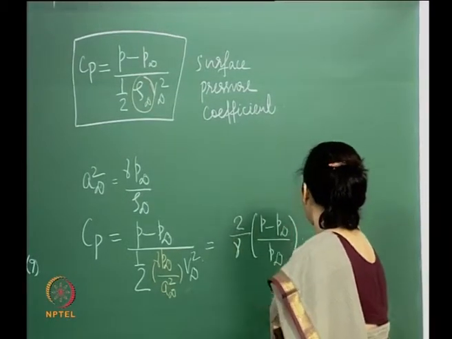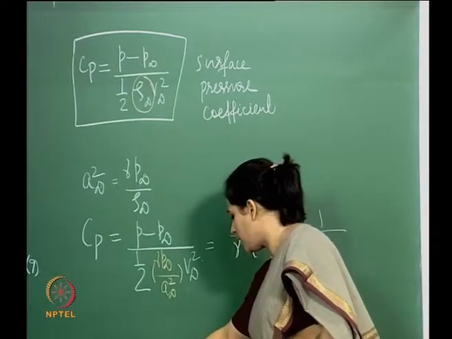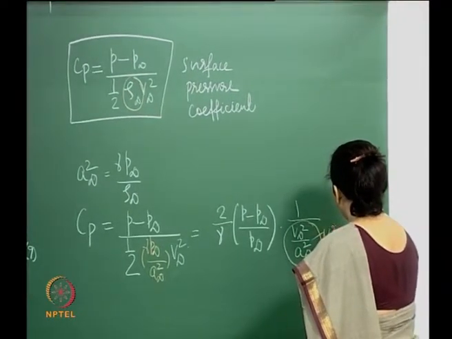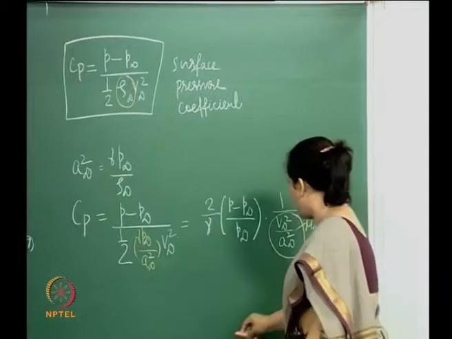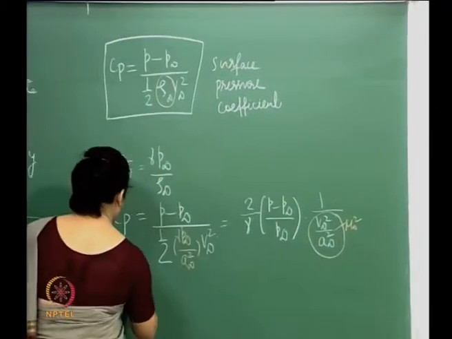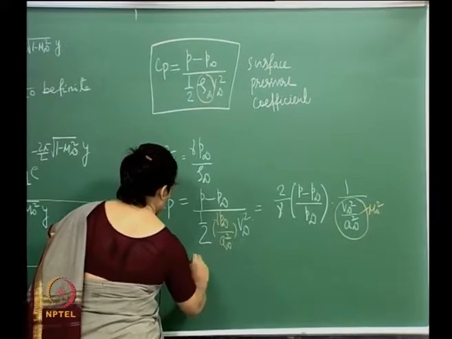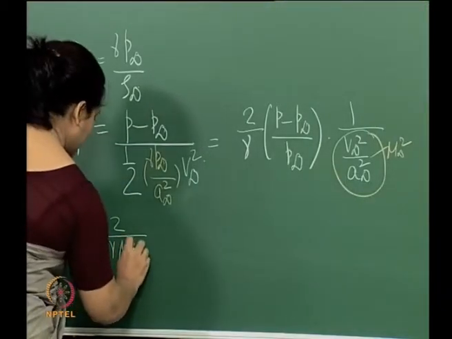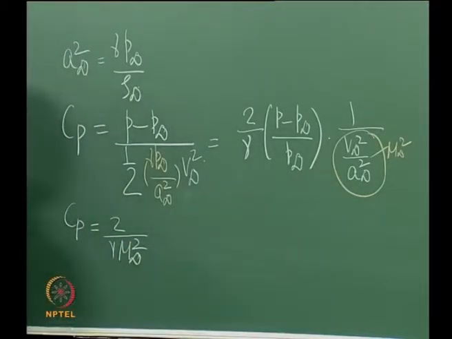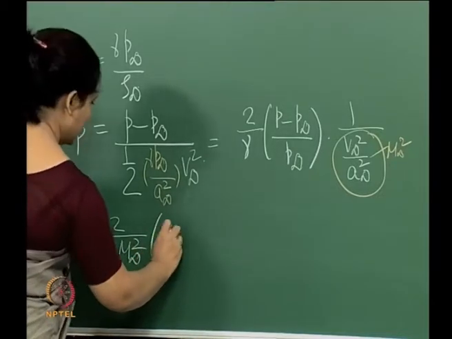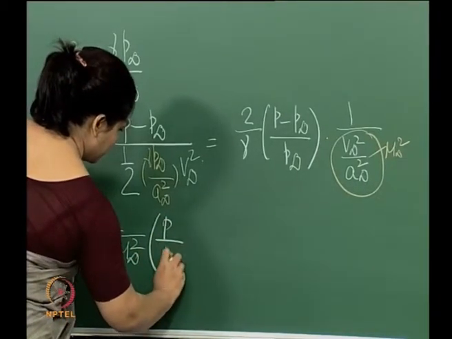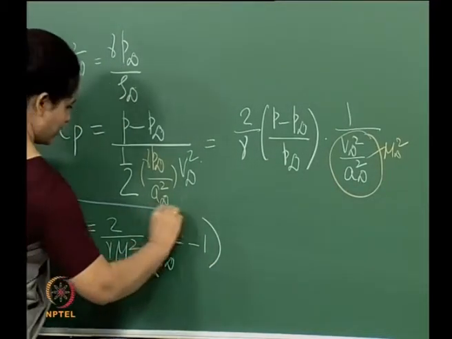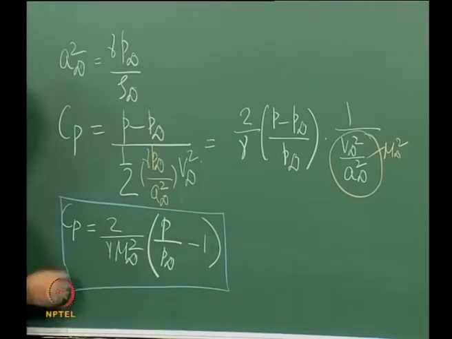Right, the same thing I can write this way. So you can see here that this makes some sense to us. So this I can write as the Mach number. So therefore I can write Cp to be 1 by, into, okay.